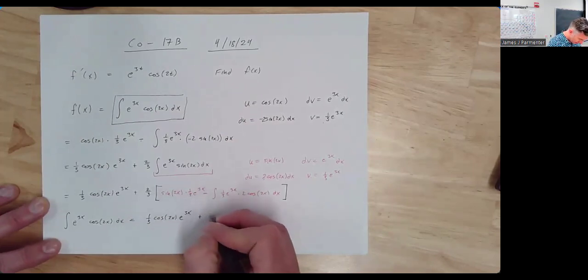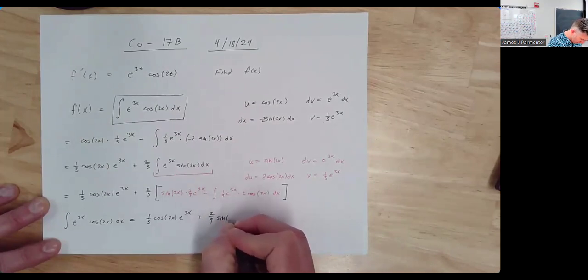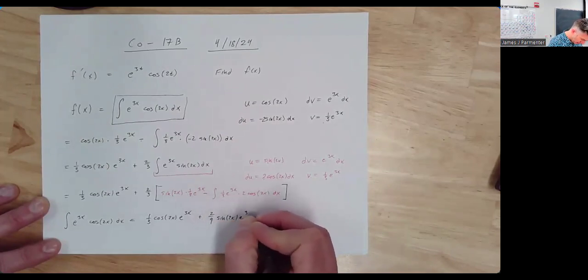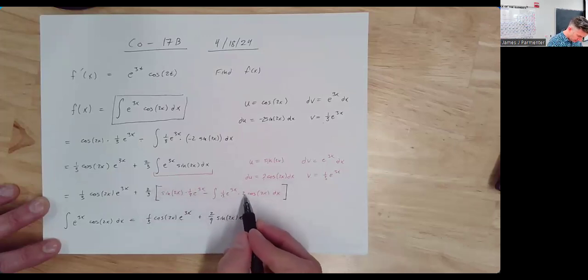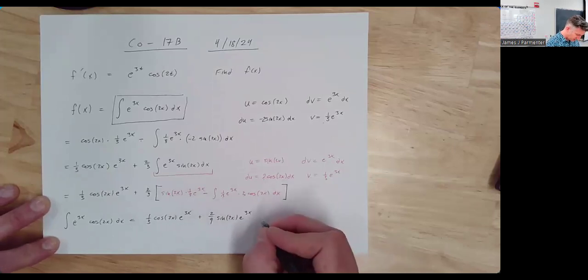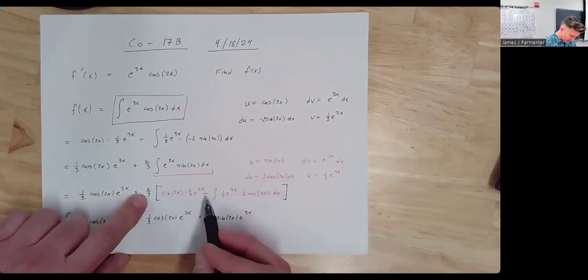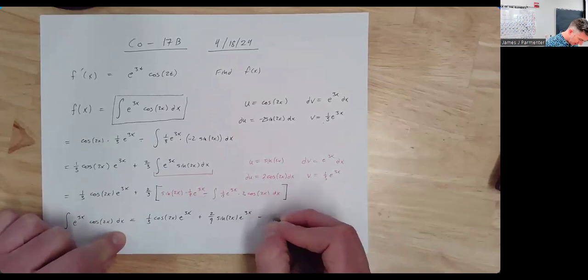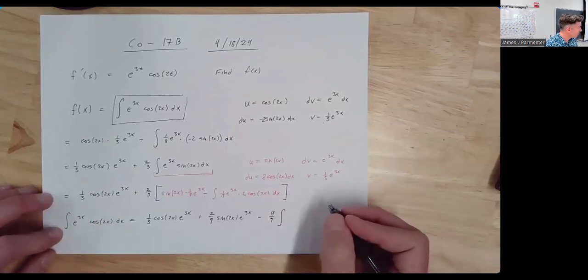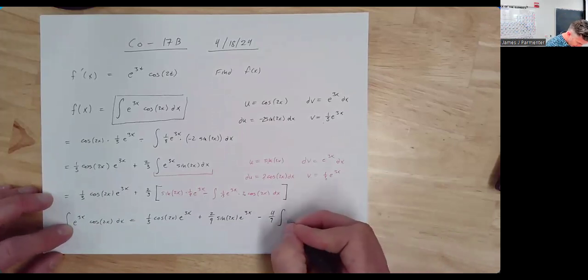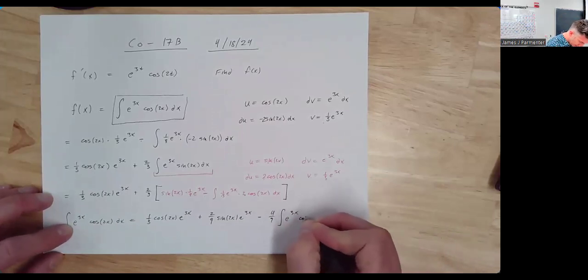That's going to be a 2/9 times sine of 2x times e to the 3x. And then a 2/3 times a 1/3 times a 2 is a 2/3 times a 2/3, which is a 4/9, and it is going to be a negative. So it's a negative 4/9 times the integral that we started with, the integral of e to the 3x times cosine of 2x.